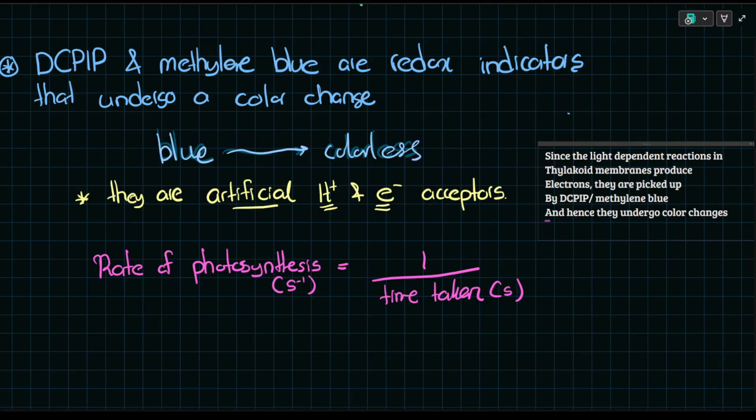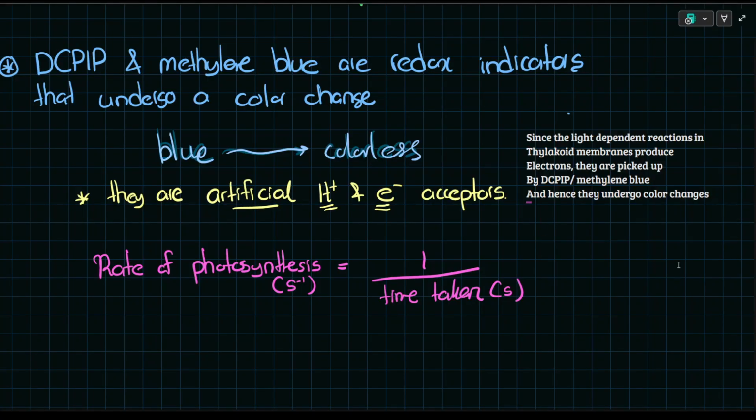So simply speaking, what are we doing? We are treating DCPIP and methylene blue as indicators in this case.